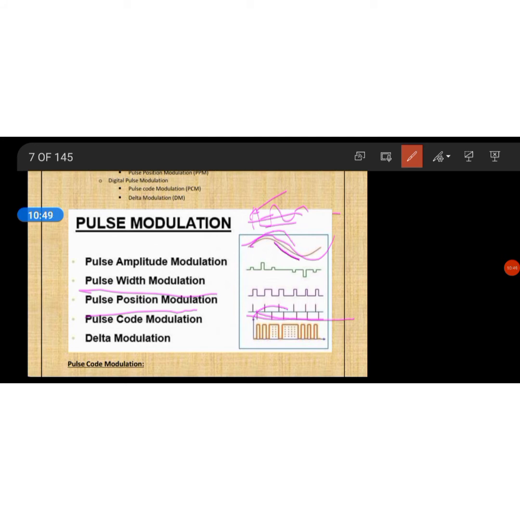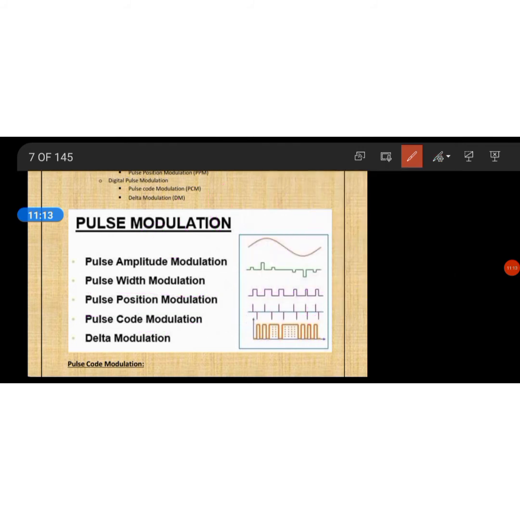If the amplitude is decreasing, the position will be shifted to the left. So in this way we are obtaining pulse position modulation.